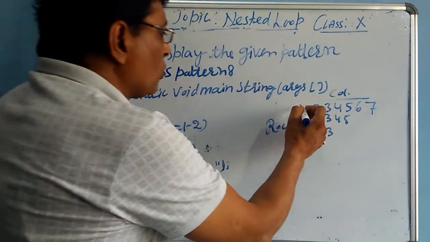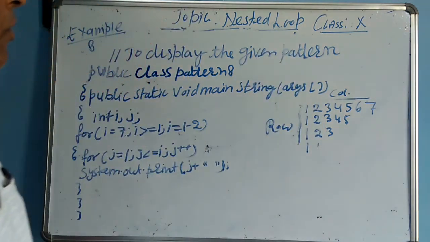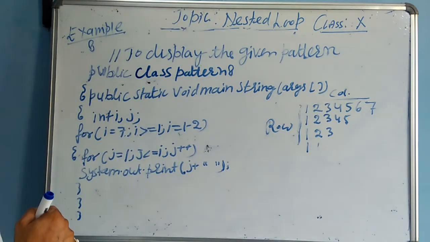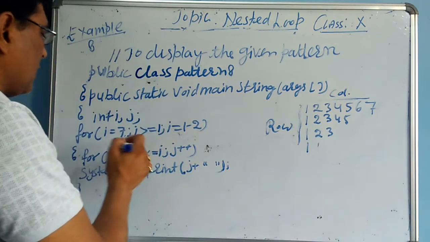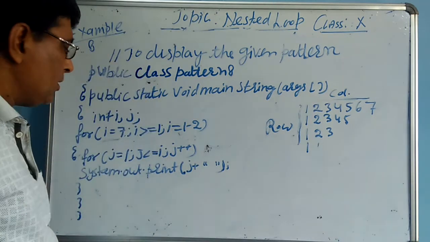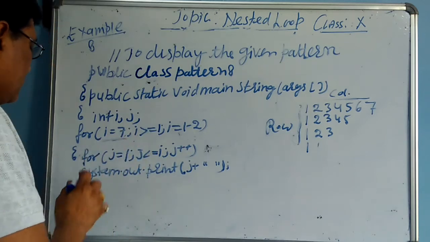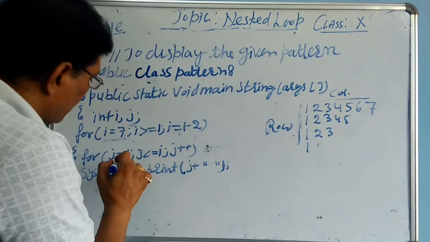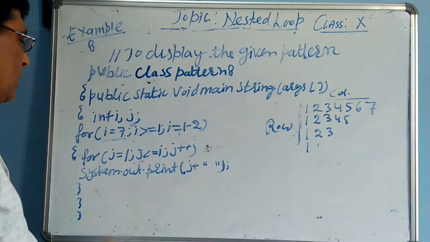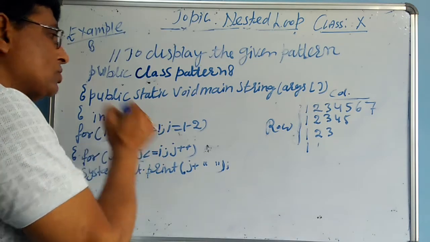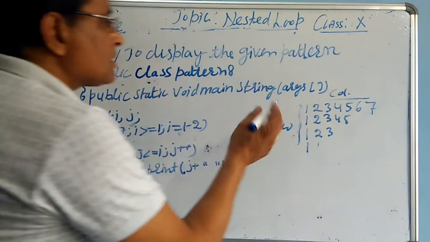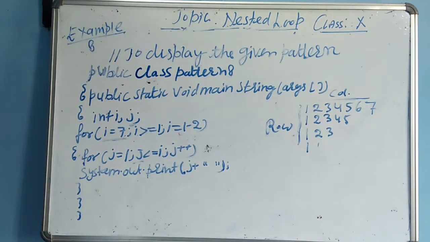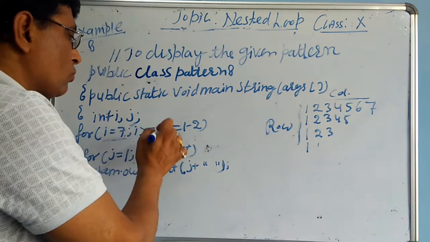So for the rows, we have to use a loop. First of all, we will define the integer variables i and j. i we are using for the external loop, and j for the internal loop. Now i is equal to 7, 1, 2, 3, 4, 5, 6, 7, and the condition is i greater than or equal to 1.